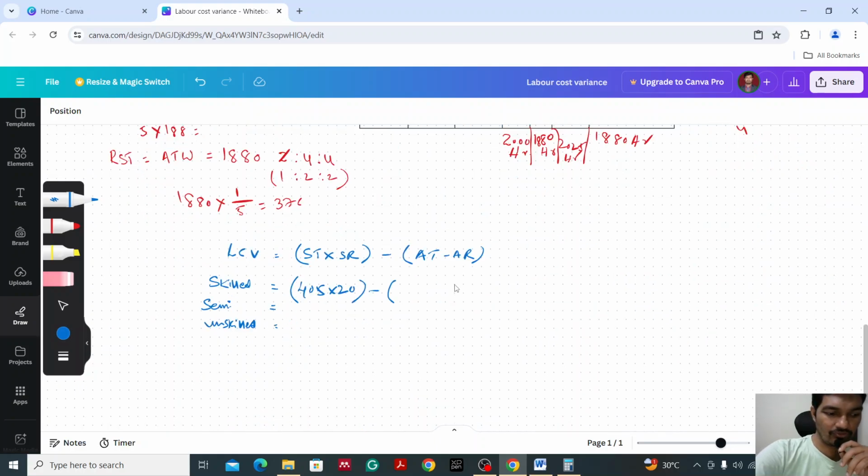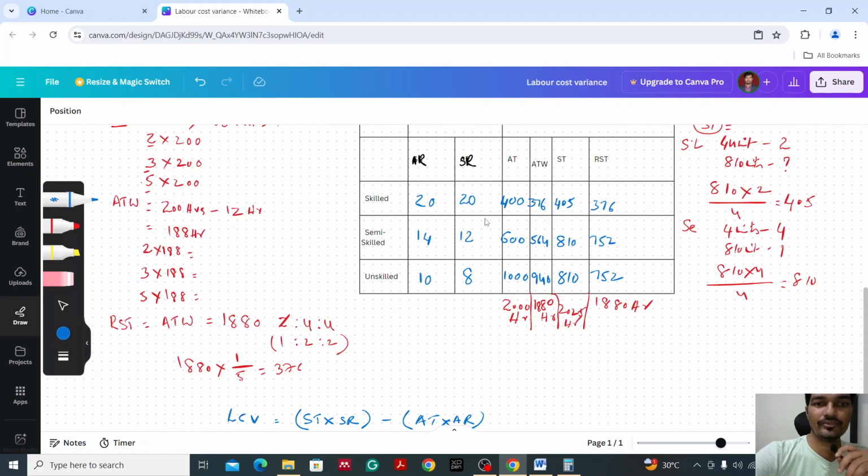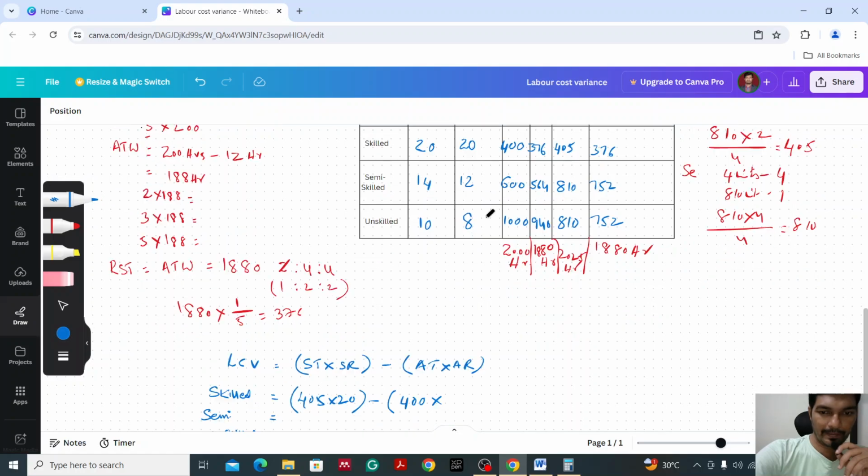The actual time is 400, multiplying the actual rate, which is 20.